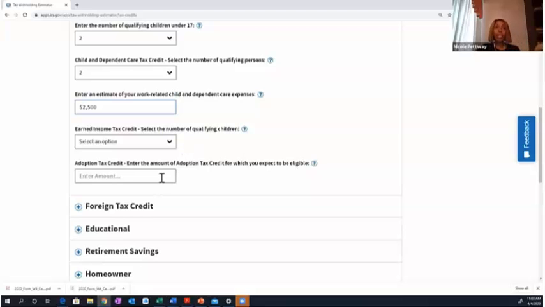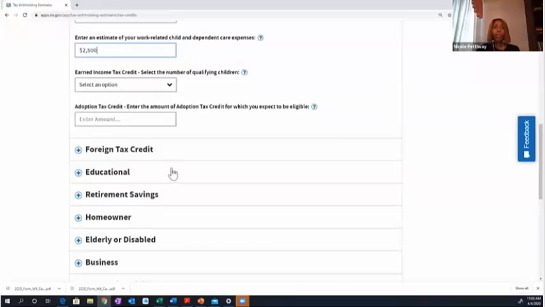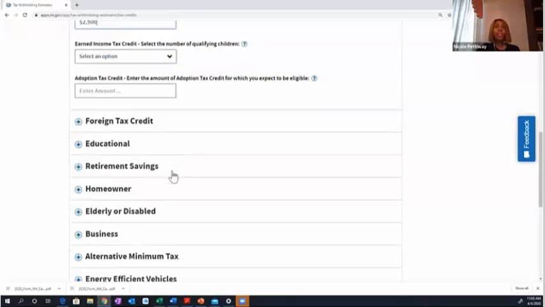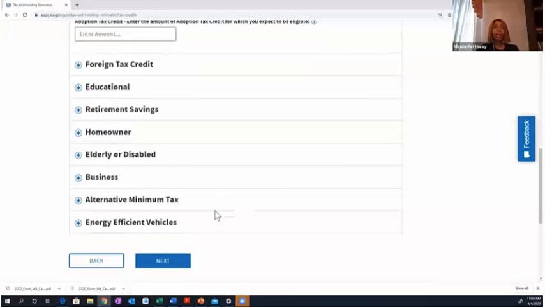And then the adoption tax credit doesn't apply because she doesn't have any adopted children. And then these other areas, foreign tax credit, educational, retirement savings, homeowner, none of these other areas are applicable to her. But again, I encourage you to go through each of these areas and understand what they are in the event you have someone that you're working with, or in the fact that you actually may qualify for some of these different types of tax credits. So we're going to go on to next.